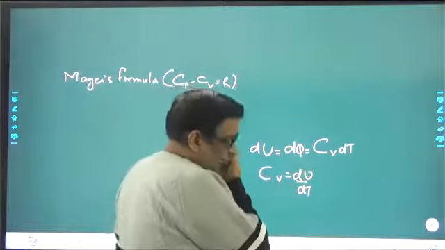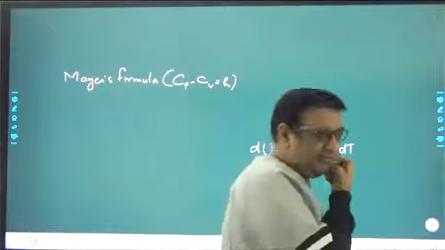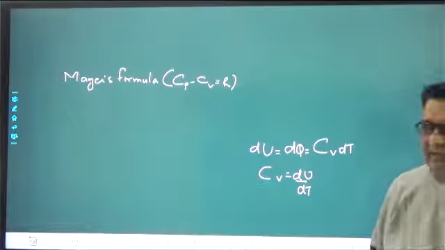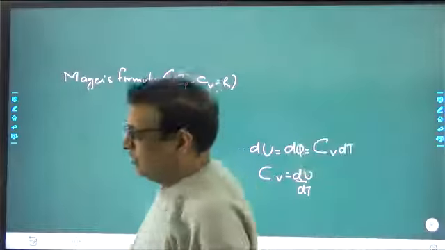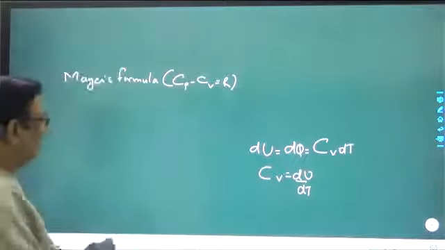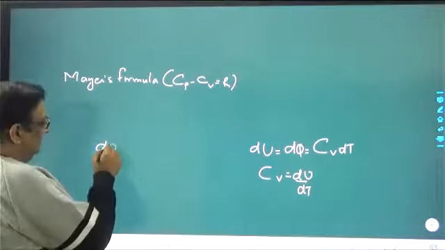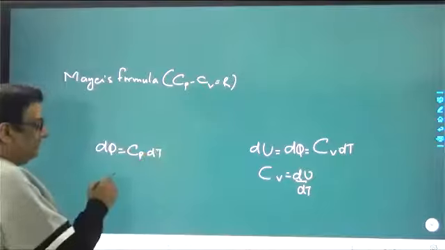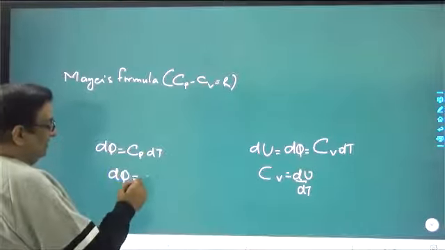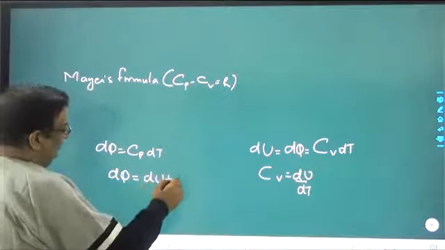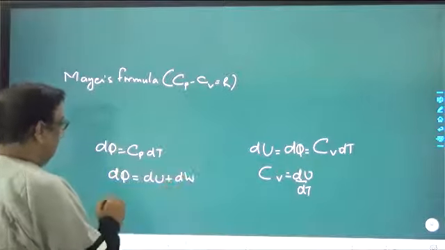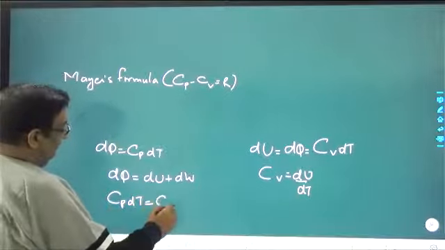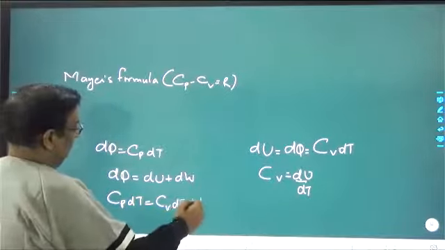So constant volume पे अगर आपने temperature बढ़ाया है तो we say the heat energy supplied results in change in internal energy. Similarly अगर हम constant pressure पे temperature dT बढ़ाते हैं तो heat energy required is CpdT. First law of thermodynamics क्या है? dq is equals to du plus dw. You can say CpdT and work done is PdV.